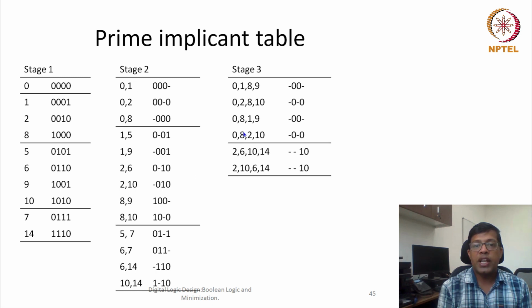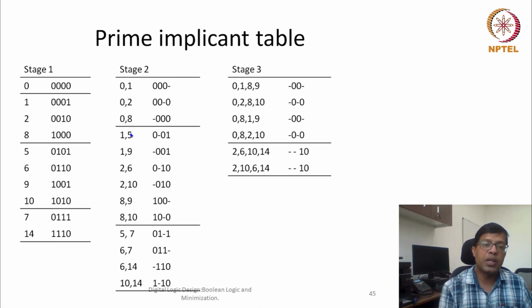So for 0 1 8 9 we create a new pair here, and we write the term by replacing this particular variable with dash, so 0 0 dash. Now 0 1 and 8 10 cannot be combined because dash is appearing at a different place.